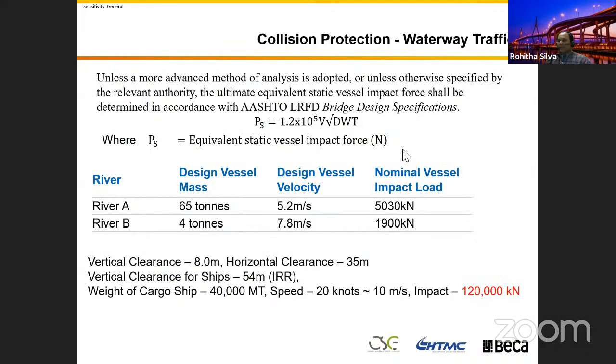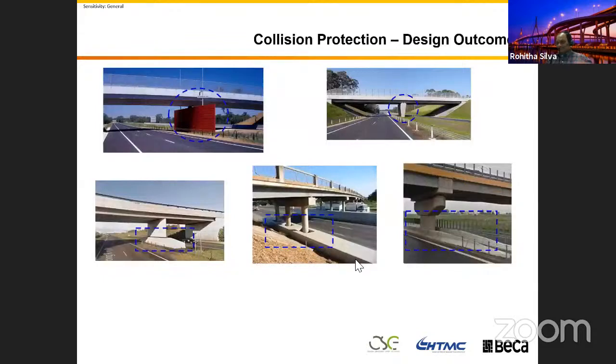I will first explain about the barriers. For example, the one on the top left-hand corner, in this picture you can see the length of the column is almost equal to the width of the bridge. This pier has been designed to absorb that force.